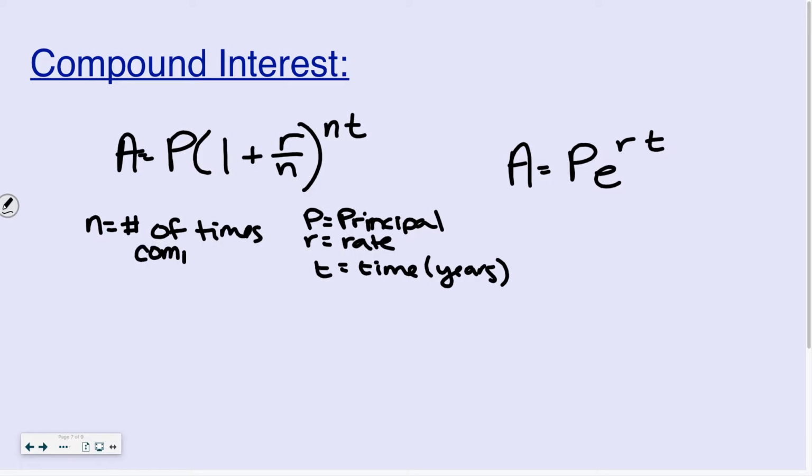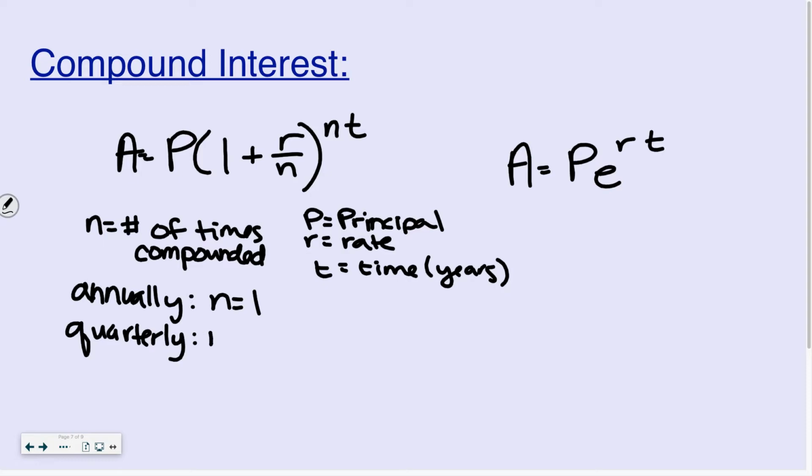So do you remember problems where it would say like compounded annually? So then n was equal to 1, or compounded quarterly, so n was equal to 4, compound monthly, n equals 12, daily, n equals 365, and you plug those things in.